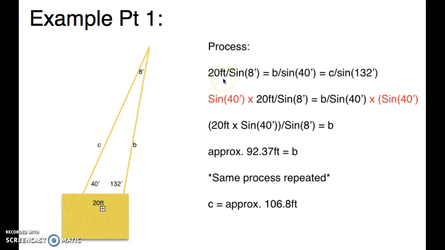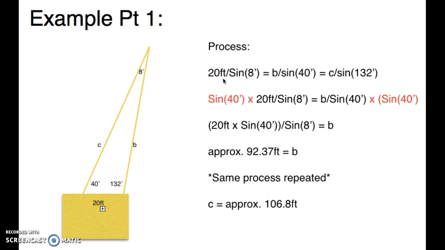In order to identify the sides B and C, we first have to establish that 20 feet over sine 8 degrees is equal to B over sine of 40 degrees and is also equal to C over sine of 132 degrees.